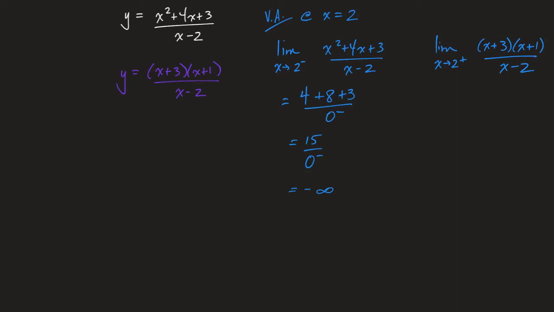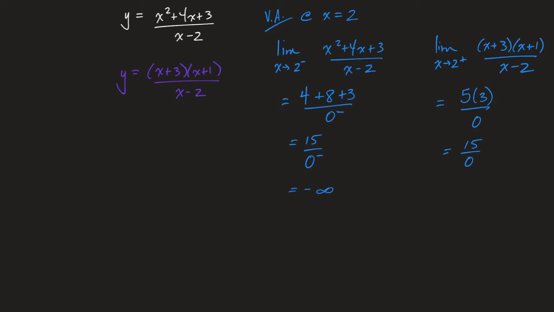Okay, not too bad. I want to take a look now at tackling the other side, the right side limit, but I'll use the factored form, just so we can see what that looks like. So close to 2, I can treat it like it's 2, so I'm subbing in 2. That gives me 5 times 3 all over 0, which gives me 15 over 0. For some of us, we're not going to goof up on the 15 as much, because subbing it into the factored form is a little bit easier.